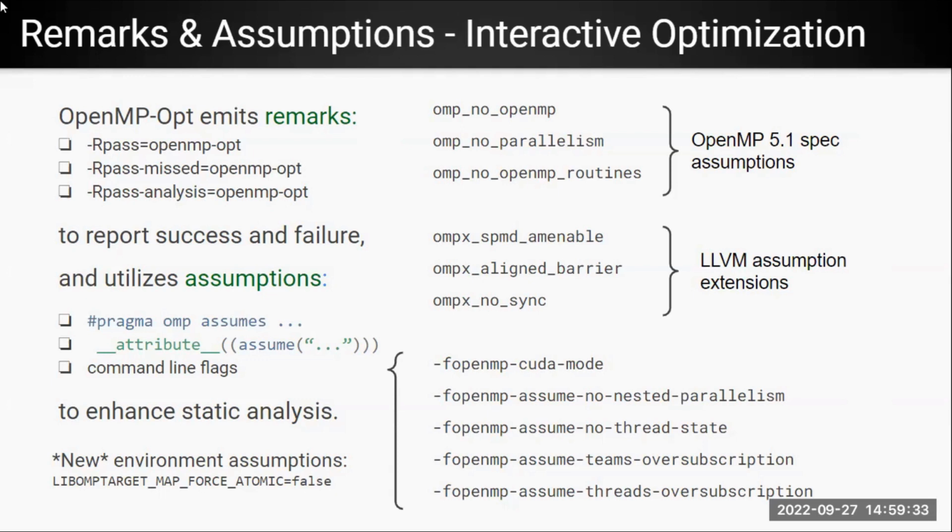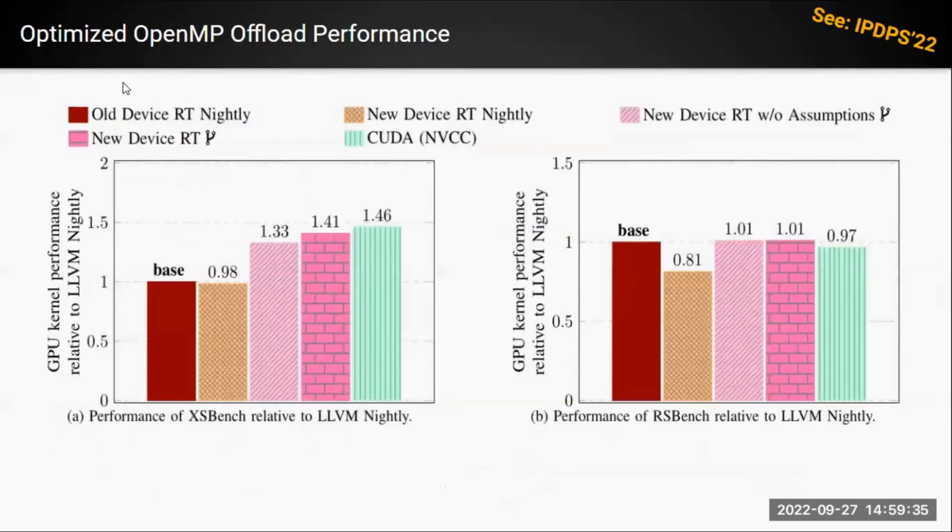Okay, make sense? Okay. Some runtime results. At the end of the day, XS Bench, if you remember, was the one that was not quite there for CUDA performance earlier. We're now really close. This is CUDA, and this is us with the new runtime that we developed with the optimizations that I showed.